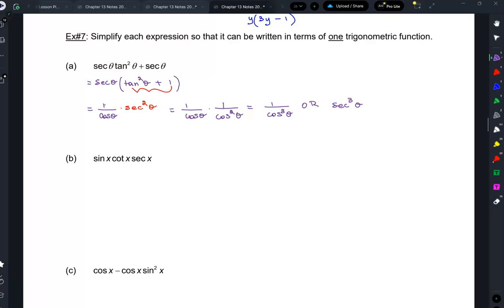So I have 1 over cosine secant squared. Secant is 1 over cosine. So I have 1 over cosine squared. Now, multiply numerators, multiply denominators. That's what it gives me.